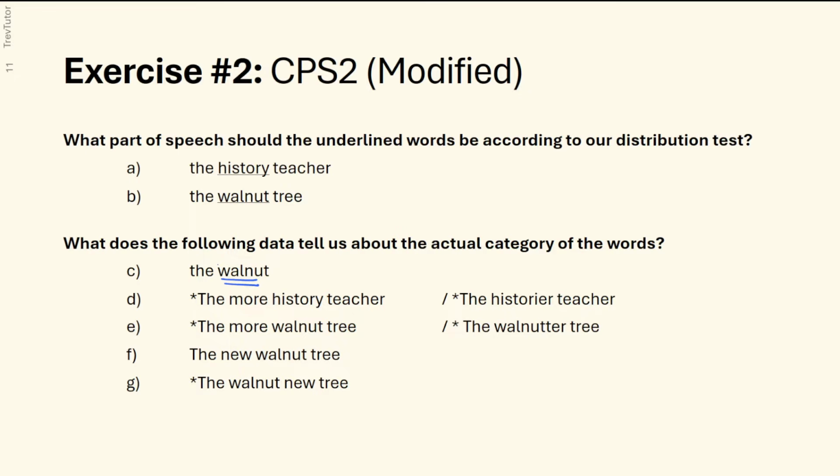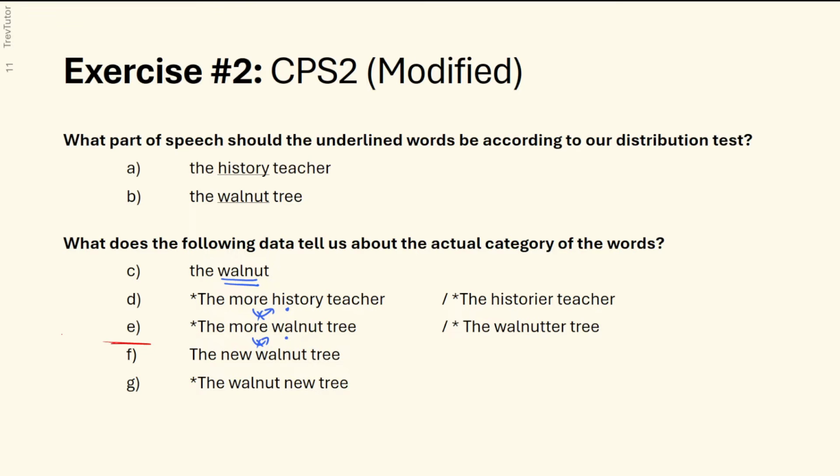That's fine. But what we can't do with history and walnut is modify them with comparative forms. So we can't say "the more history teacher" or "the more walnut tree." And we can't even make them superlatives: "the historier teacher" or "the walnutter tree," it doesn't make sense. So it doesn't look like they're adjectives.